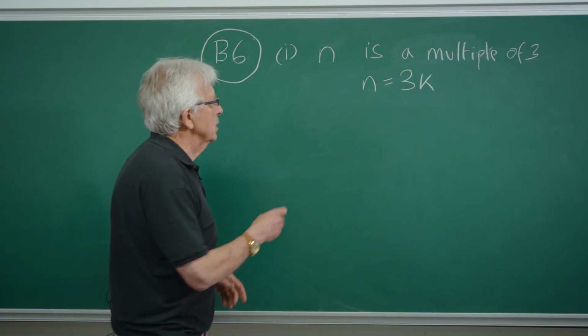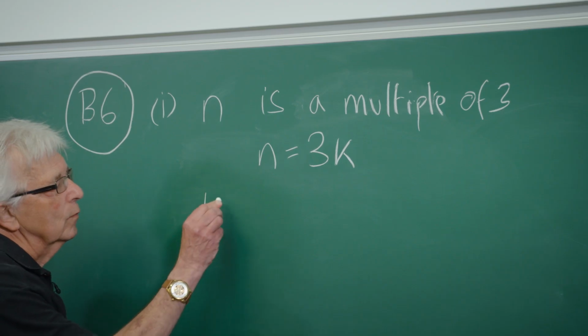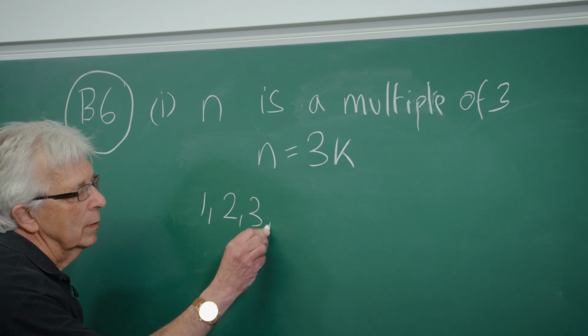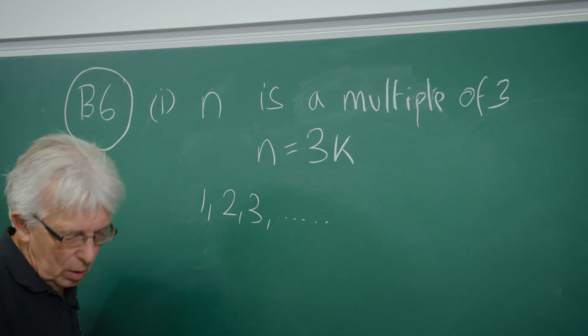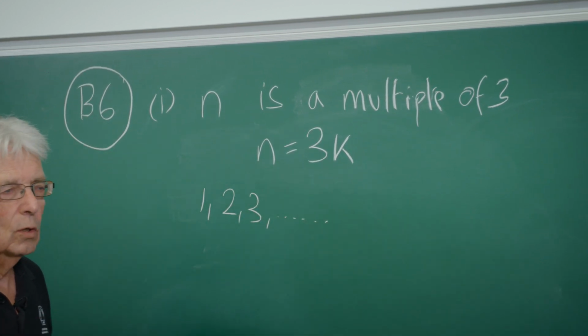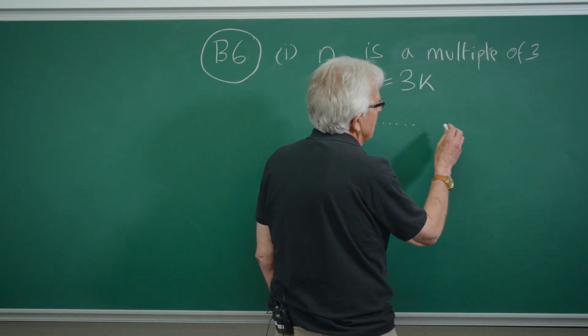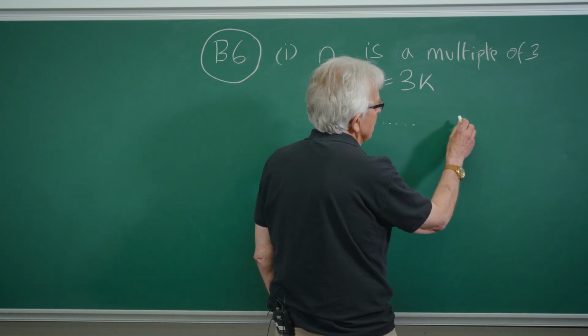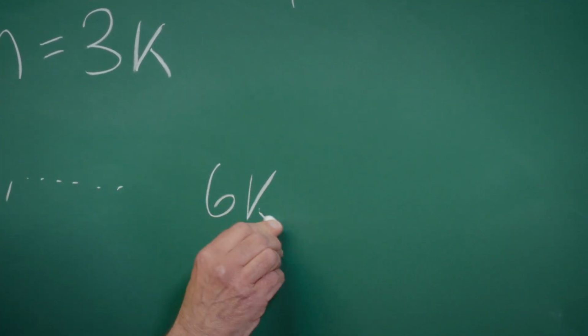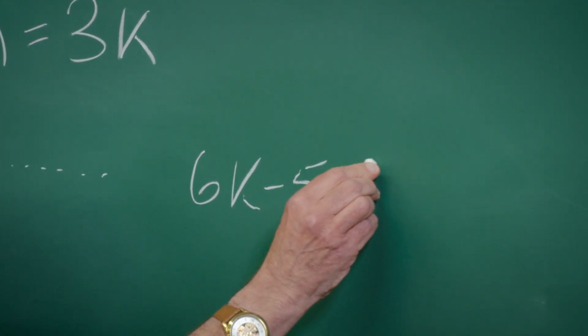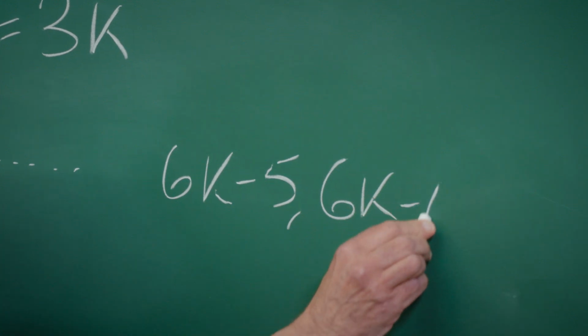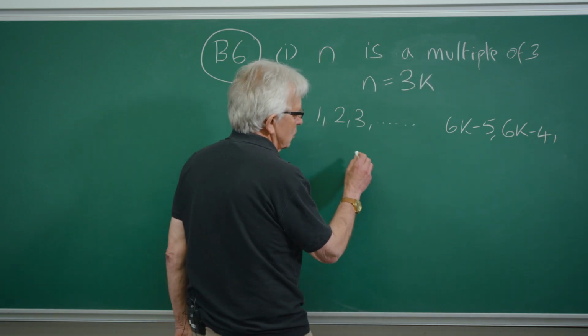Now, if we look at the sequence here, we've got 1, 2, 3, and then this goes on. And what we're going to do is to look at the last 4 or 5 terms here, and they end up being the next 4 terms here.